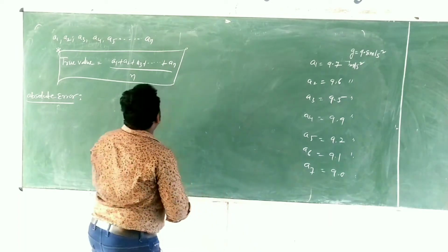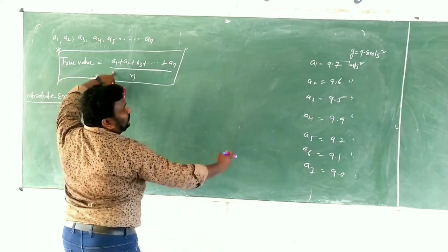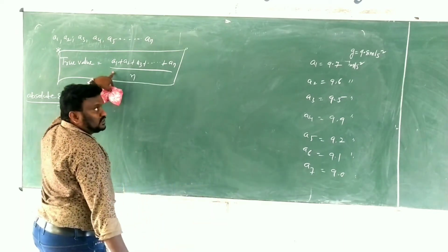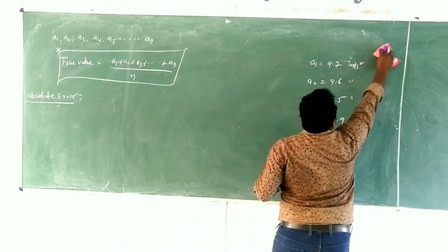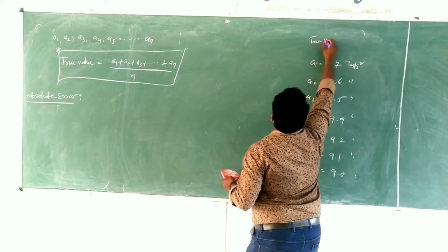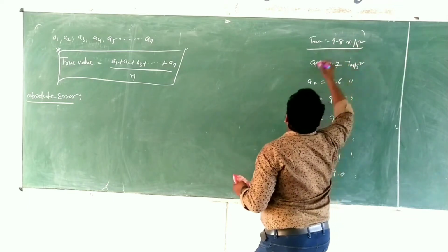Then how can we find the true value? By substituting 9.7, 9.6, 9.5, 9.9, 9.2, 9.1, 9.7. Clear? So here now, just imagine, from that we measured the average, the true value is 9.8 meter per second square.